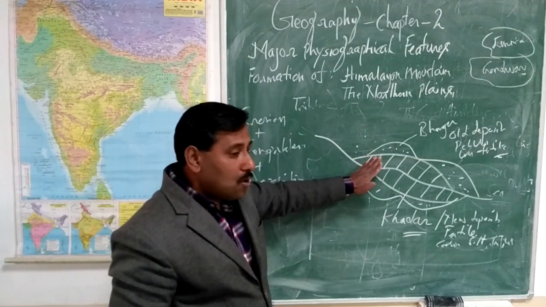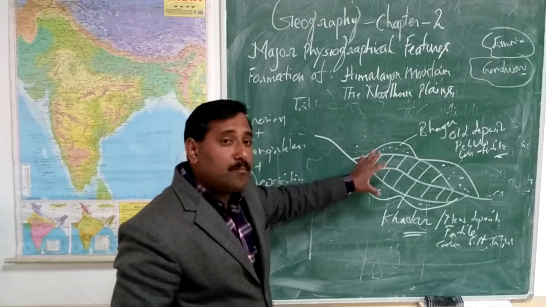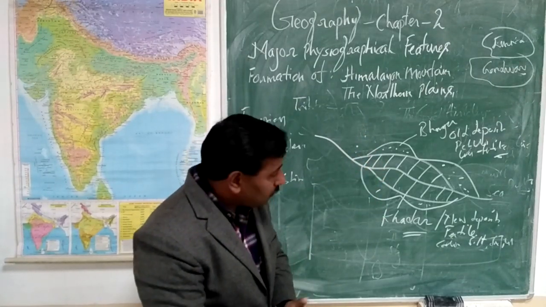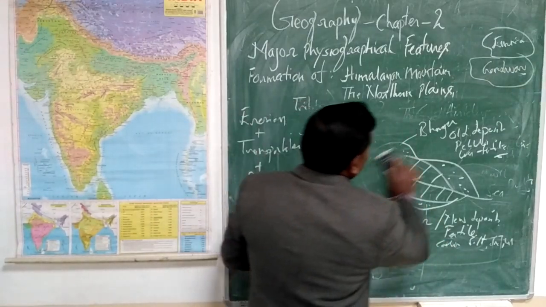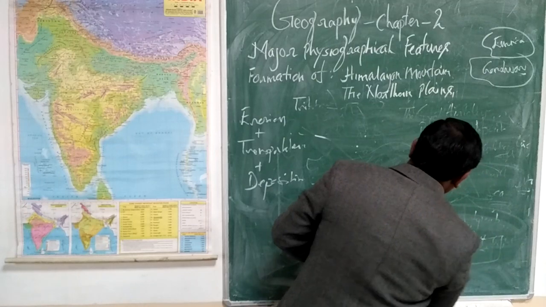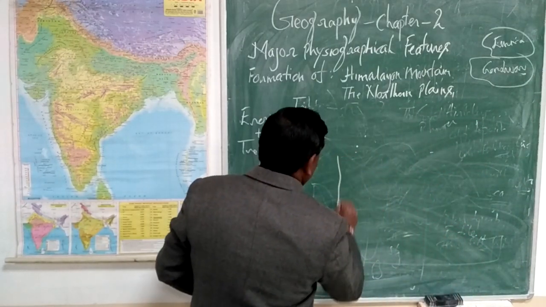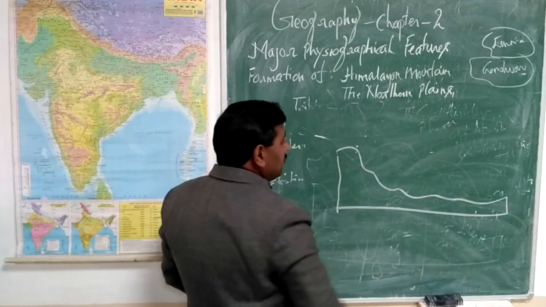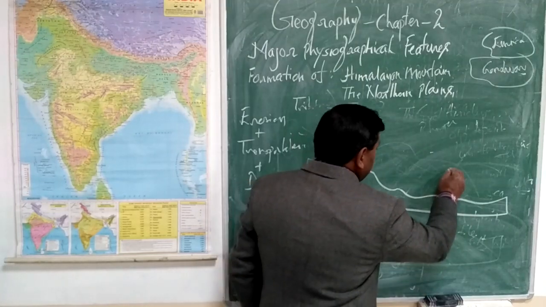So this you should know so that you can understand how these northern plains have become the most fertile land of the world. In relation to this, with the local names, you must have understood that when the river flows from the mountains, it enters the plain.